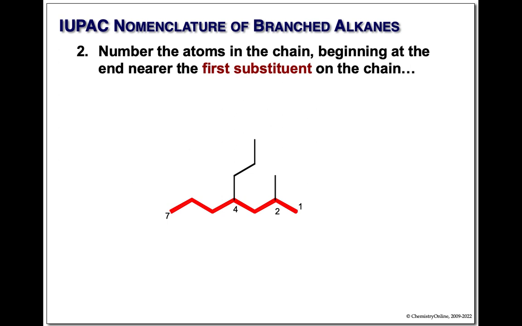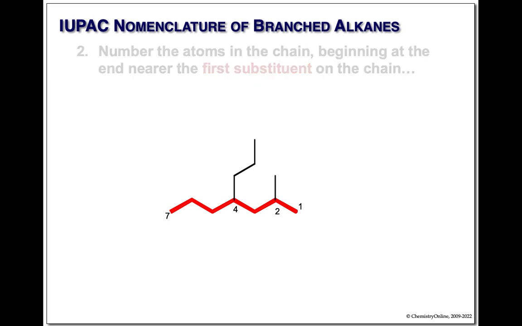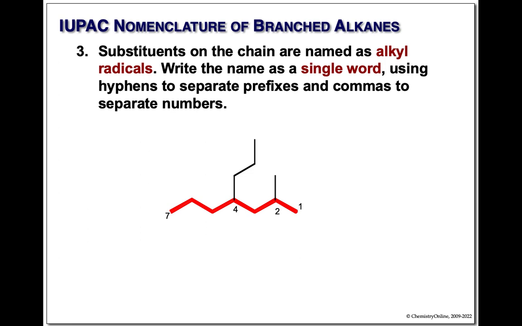All right. Next we have to come up with a name. We are going to name the substituents based on the number of carbons that are attached. We're going to name the main chain based on the number of carbons in that chain. So with this molecule, at carbon 2 we have a single branch. Remember, that's called a methyl group, meth for 1.